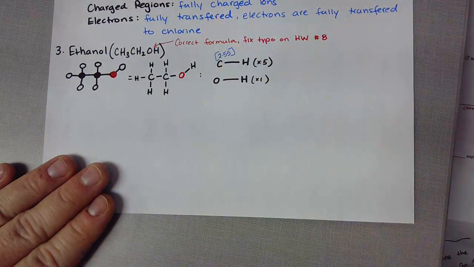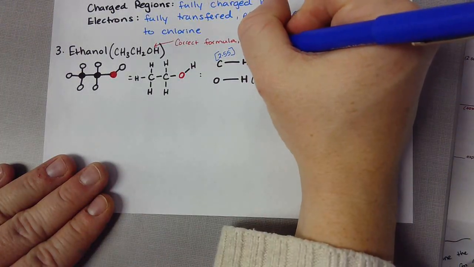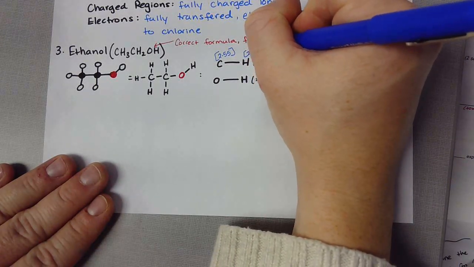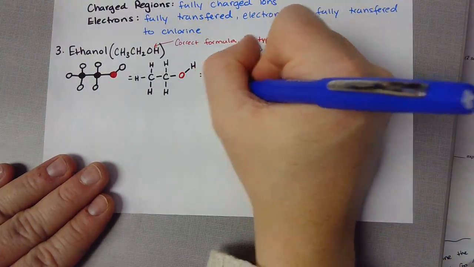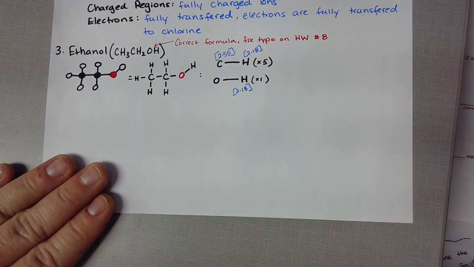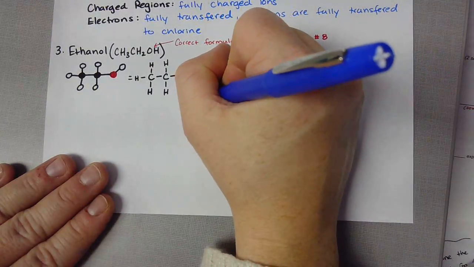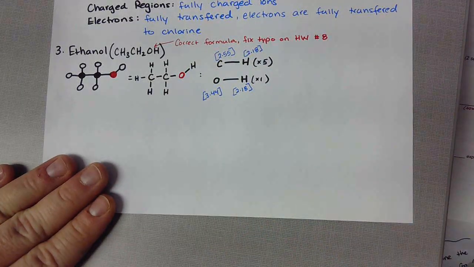Because when we looked up water on example 1, we've already identified hydrogen as 2.18 and oxygen as 3.44. So 2 different types of bonds.